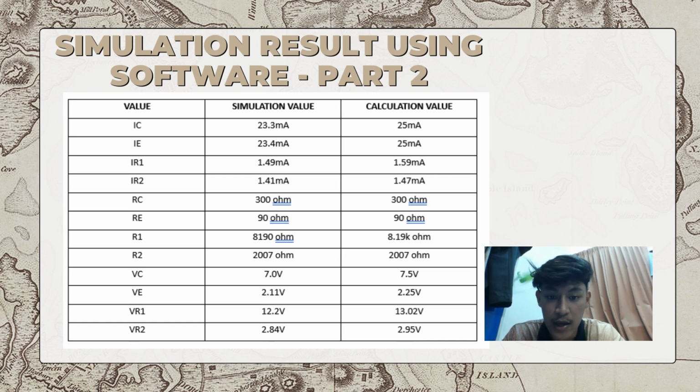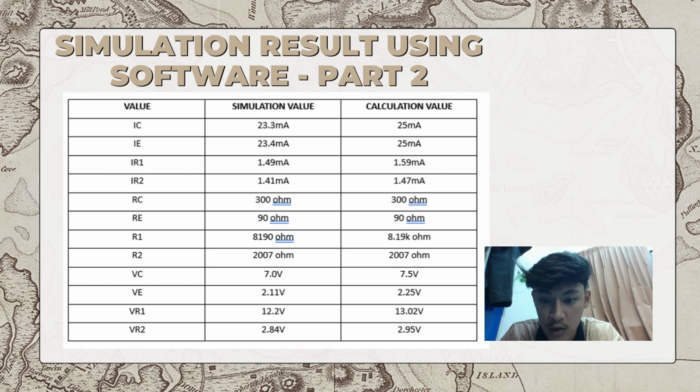Simulation value for RC is 300 ohm, and calculation value for RC is 300 ohm. And another resistor is RE. The simulation value for RE is 19 ohm, and calculation value is 19 ohm.